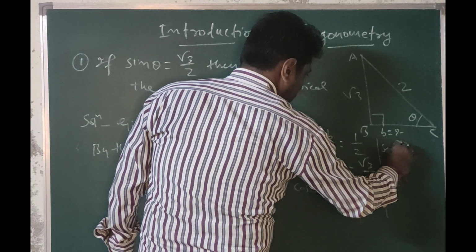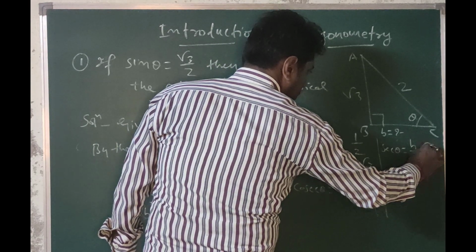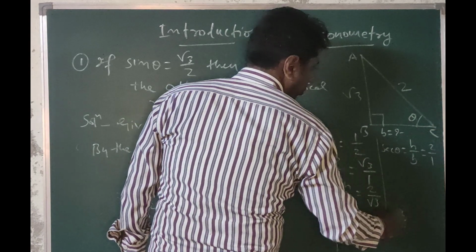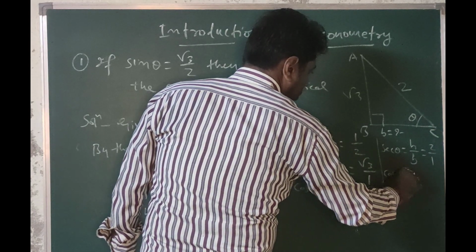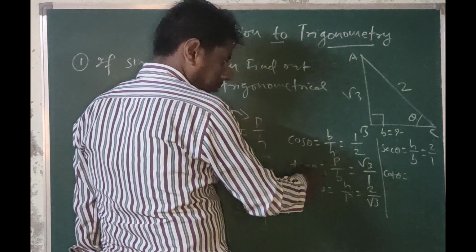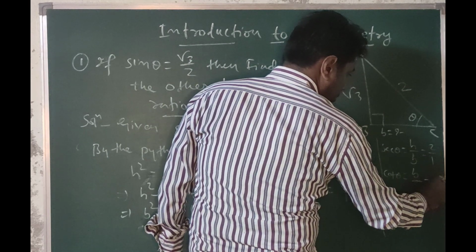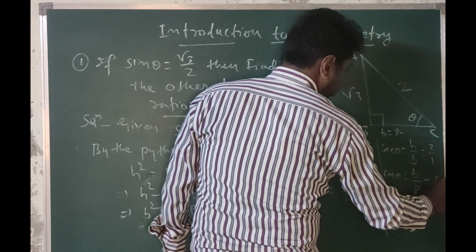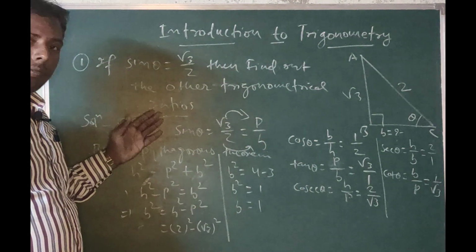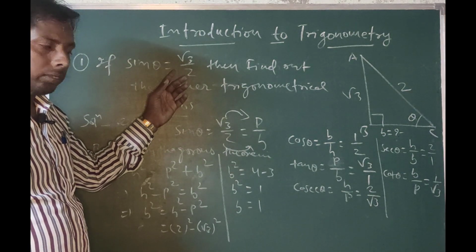Then sec theta equals H by B, so H is 2 and B is 1. Then cot theta is B by P, so this is 1 by root 3. So this way we can find out the other ratios if one ratio is already given.